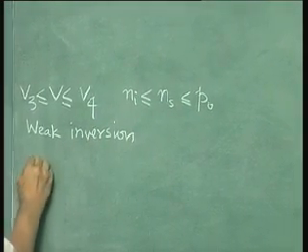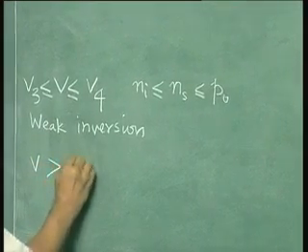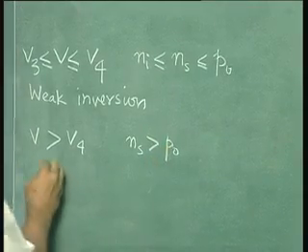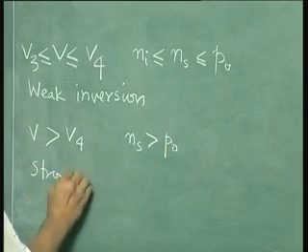And the voltage beyond V4, when Ns exceeds P naught, is referred to as strong inversion.